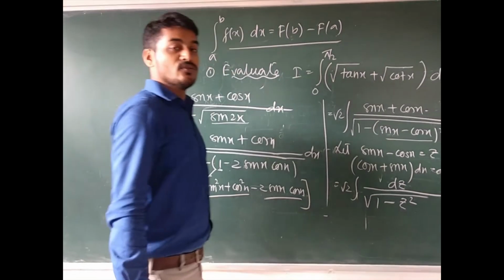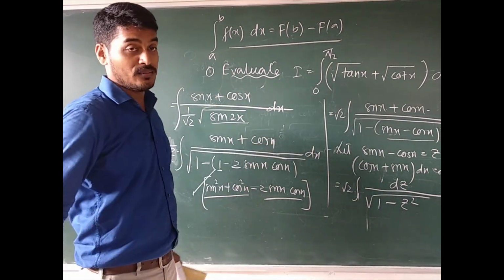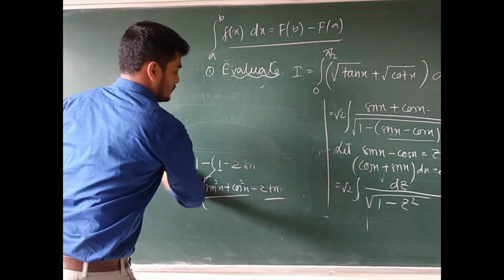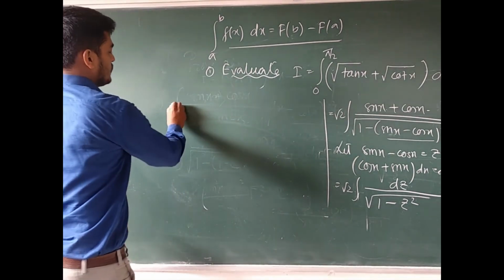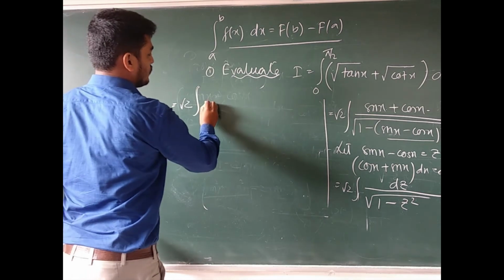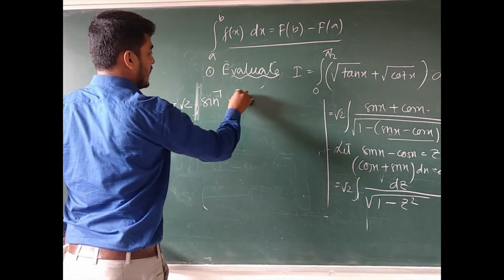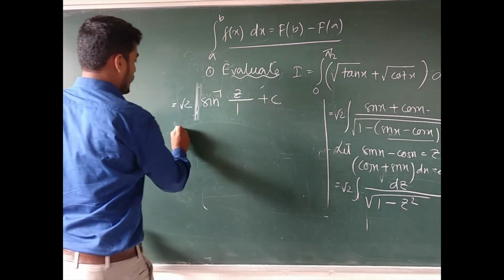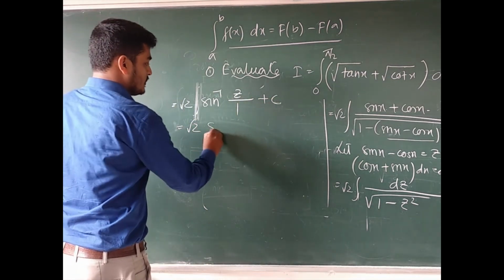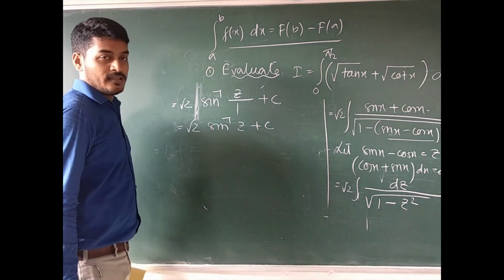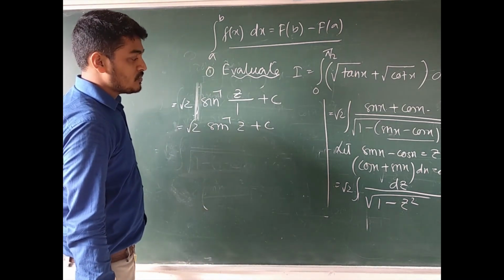I think the formula is known to you. Applying that one, root 2 integration of, the formula is sin inverse x by a plus c, root 2 sin inverse z plus c.